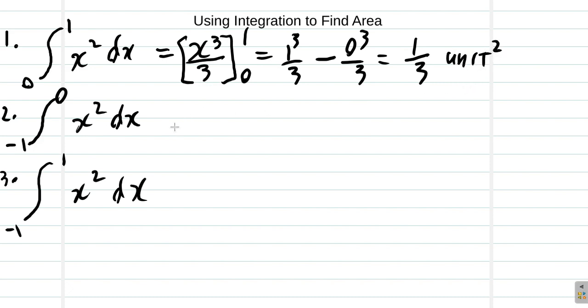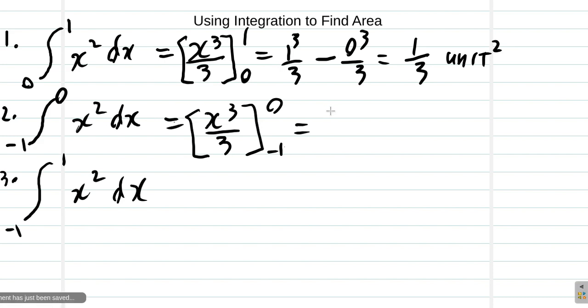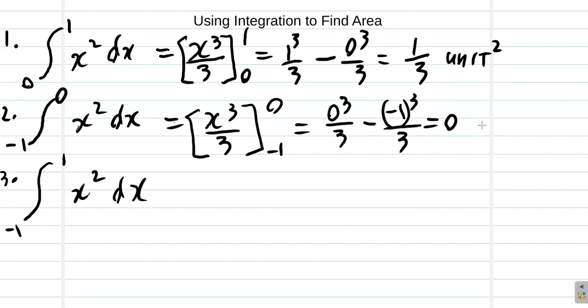Okay. Now, what about number 2? What we're finding is the integral from -1 to 0 of x squared dx. So this is going to be x cubed divided by 3 from -1 to 0, which is, we have 0 cubed over 3 minus -1 cubed over 3. 0 cubed over 3 is 0, minus -1 cubed is -1.